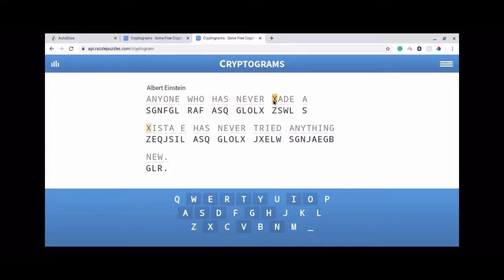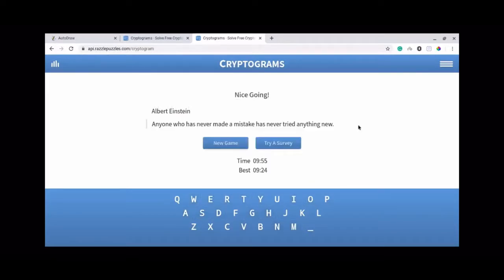X. Oh, wait, that's weird. And there's that letter. Okay. Made a mistake. And there's 1 letter left. What other word other than mistake has those letters in that order? And so you fill in the last letter. It's mistake. And there we go.